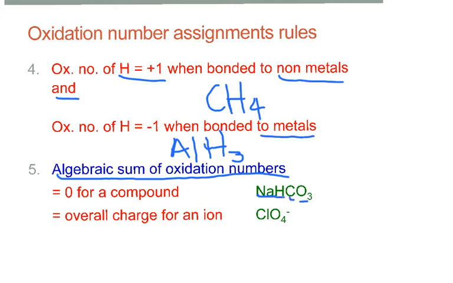We'll have an oxidation number for each element in this compound, but they'll have to add up overall to 0 because this is a neutral compound. On the other hand, if something is not neutral, the oxidation numbers will sum up to equal the overall charge of that ion. I'm going to show you how to apply all of these ideas in some practice problems next, and hopefully it'll make more sense.